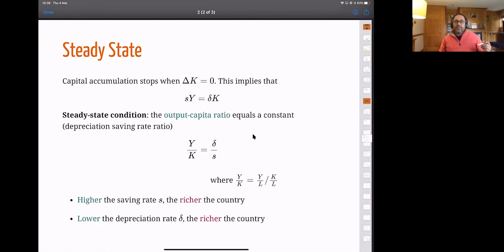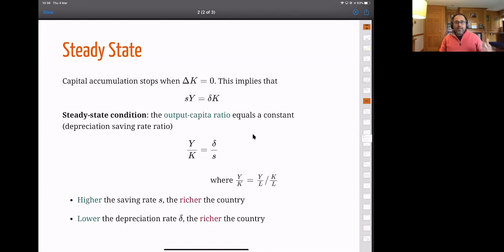But lower depreciation rate is nothing that we can do anything with, because depreciation rate across developed and developing countries is not very different. So, it could move from 2% to 5%. It doesn't explain why the US is kind of 100 times richer than some of the poorer countries, right? So just depreciation rate would not explain it.